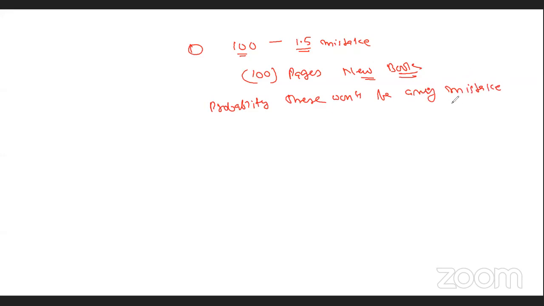So what is the probability that there won't be any mistakes which the person will be able to find out if he is going to select 100 pages? Okay. So this is what I'm supposed to find out.